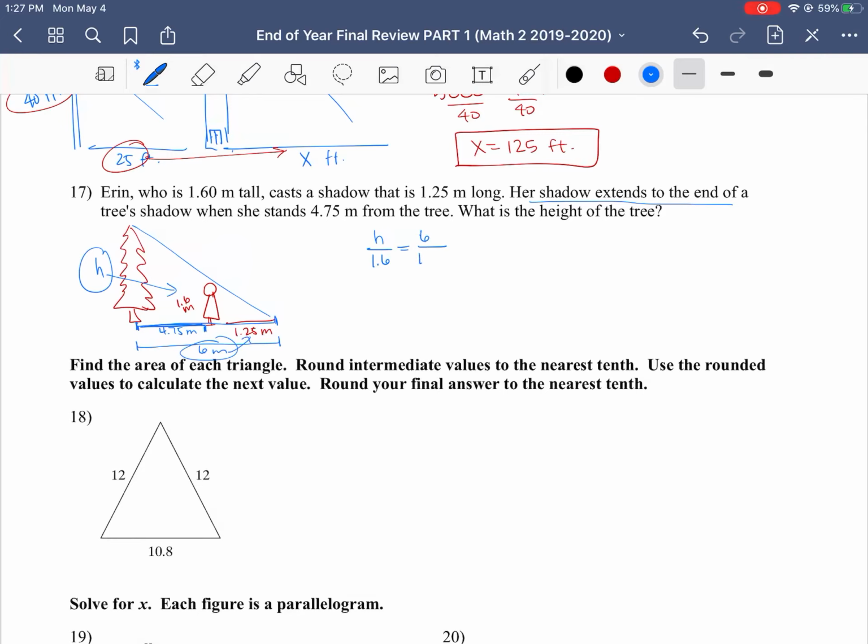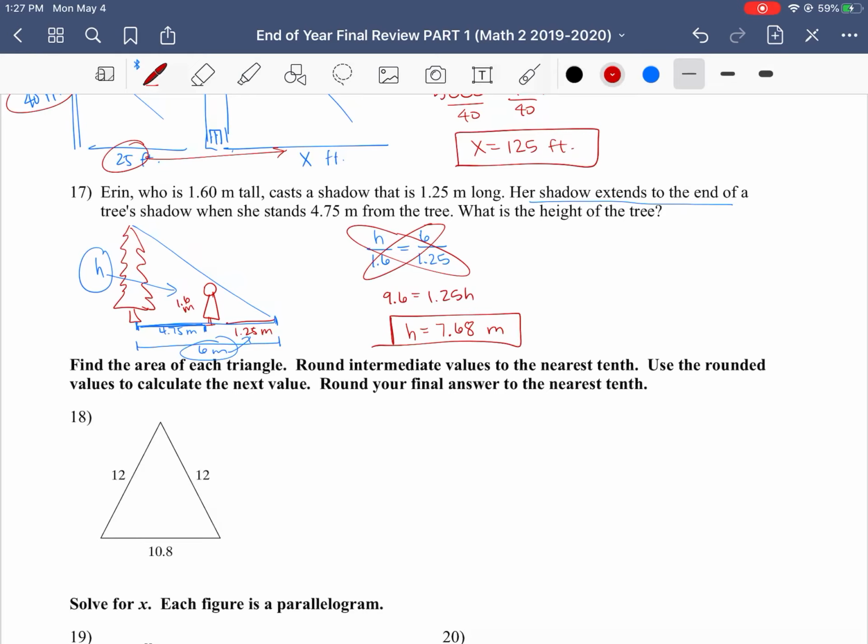So the full one is to Aaron's. Again, notice that proportion that we set up: the height of the tree to the height of Aaron, tree shadow to Aaron's shadow. Then we go ahead and we multiply. So 1.6 times 6 gives us 9.6 is equal to 1.25 times the height. So we divide by the 1.25. And the height of the tree, according to this, is about 7.68 meters.